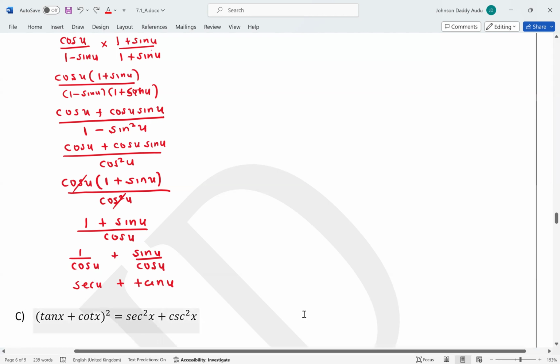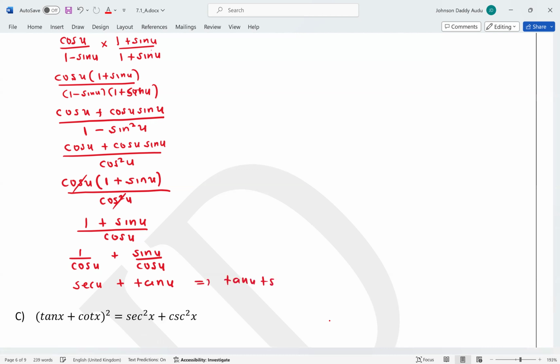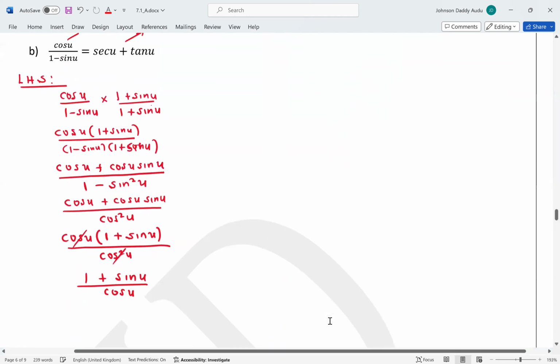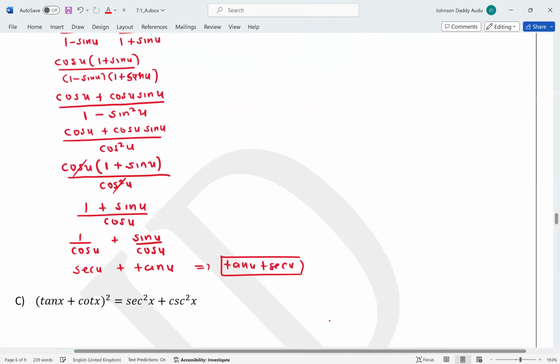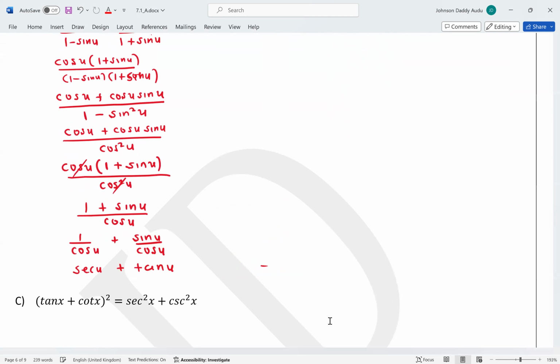So we're done. This is the same thing as tan u plus sec u, which is actually, okay, I think we can even stop here. And this is our right-hand side.